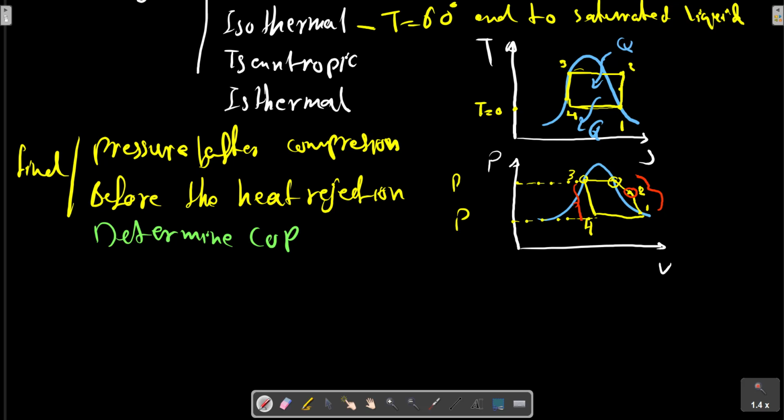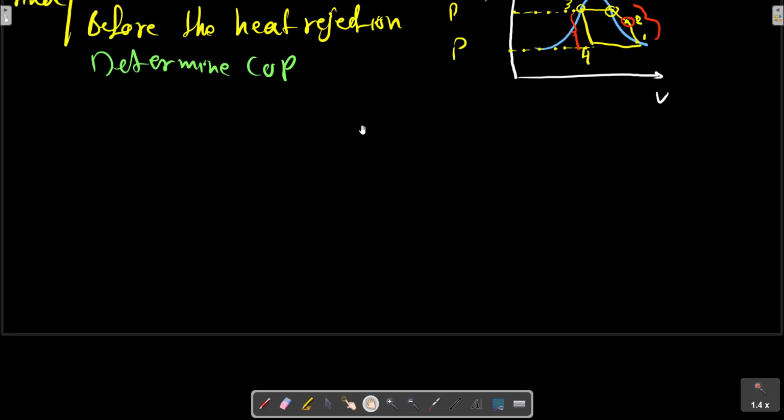Point 1 is for R134A, the state where heat is absorbed into the R134A at 0 degrees centigrade, during which the process changes from a two-phase state to saturated vapor.